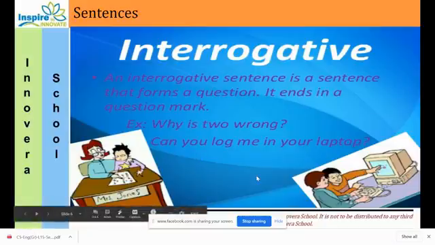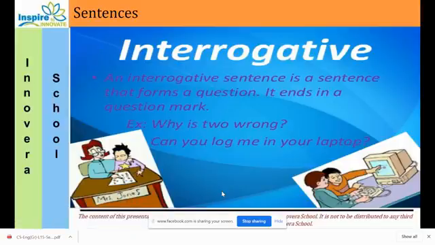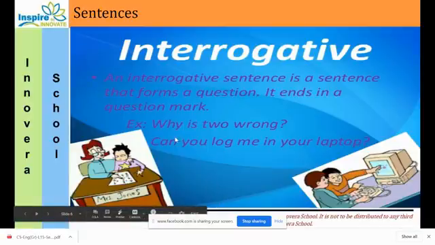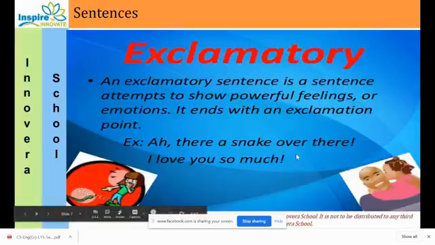When we need a lot of extra information about any topic, we use a WH question: why, how, when. This is the example, why is two wrong.